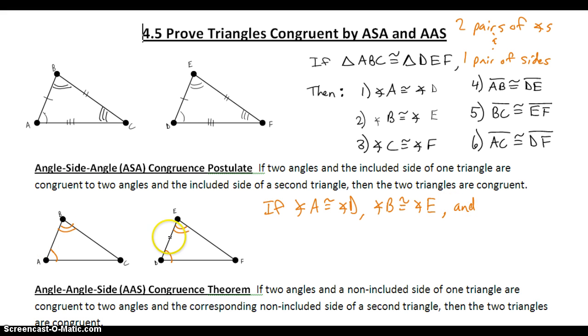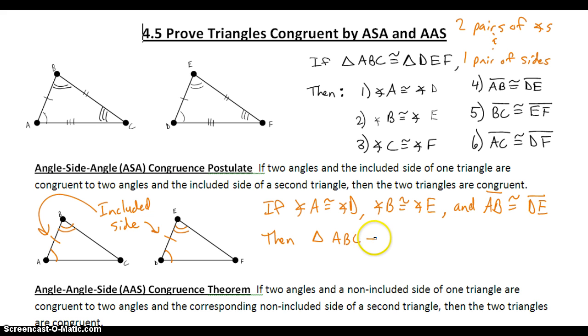So the side that has to be congruent is going to have to be AB and DE. AB and DE are the included side. They're the side between my two angles. If this is true, then that's enough to prove that my two triangles are congruent to each other.